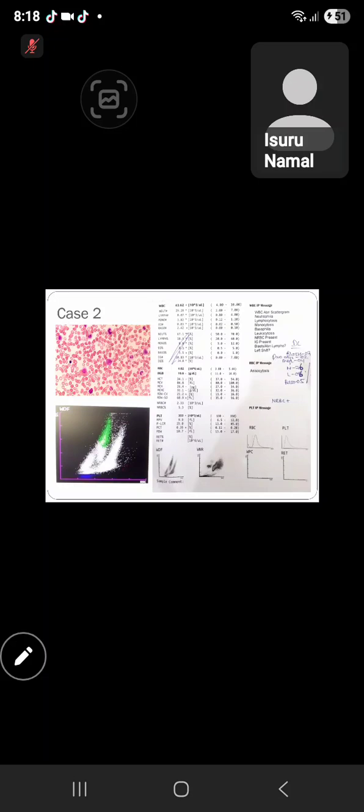But then you should observe your blood smear for one important cell, that is NRBC. Even though you have these myeloid precursor cells, we can't confirm CML using the blood picture alone. However, to get an idea about CML, you should carefully observe your blood picture for NRBC.